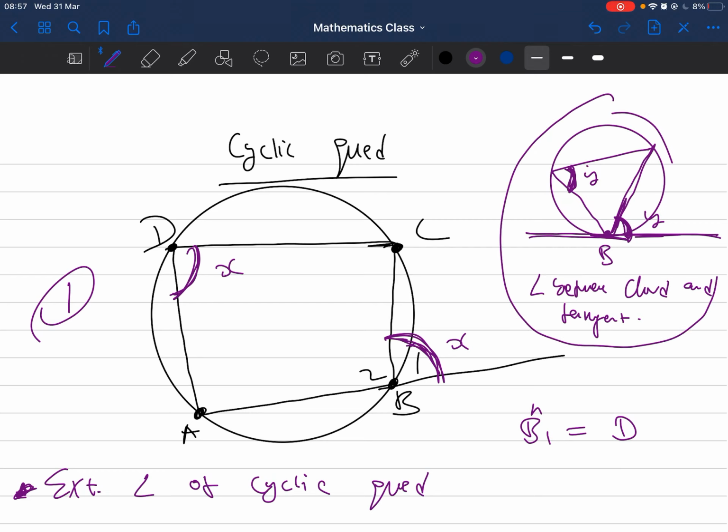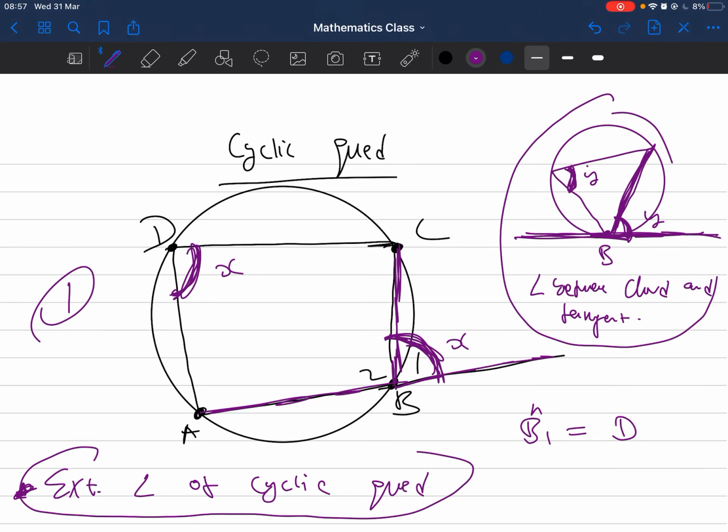The reason for that, because of the chord, we have the chord and here the tangent. But here, this is not a tangent. It's just a line that extends outside the circle, and then we have a chord here. Now we cannot say an angle between a line and a chord, because you do not have a full theorem. But this happens when you're in a cyclic quad. So the exterior angle is the same as the opposite interior angle.